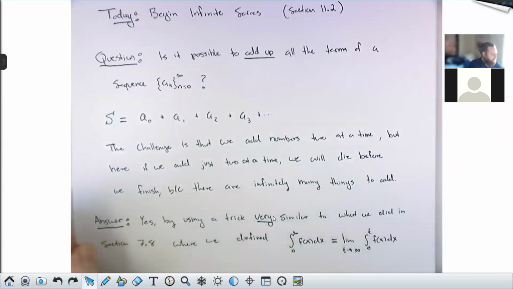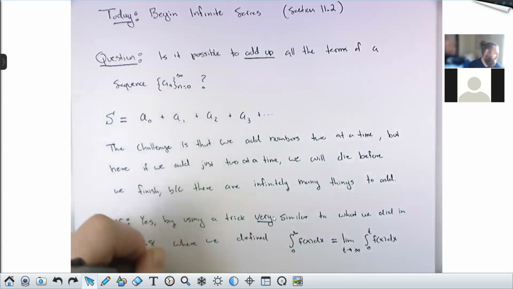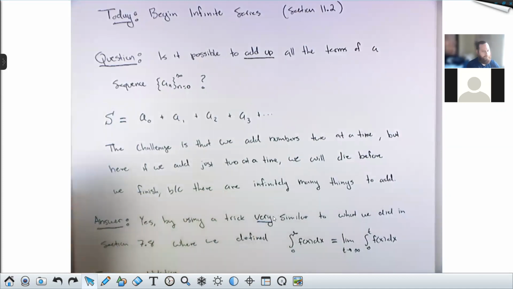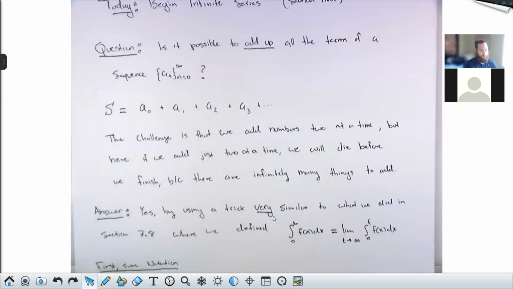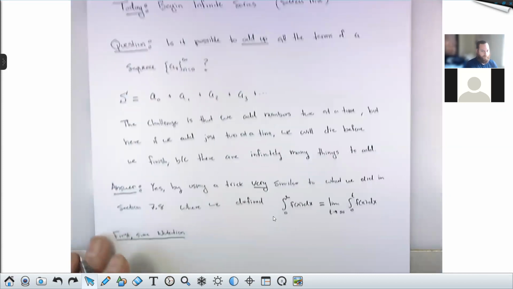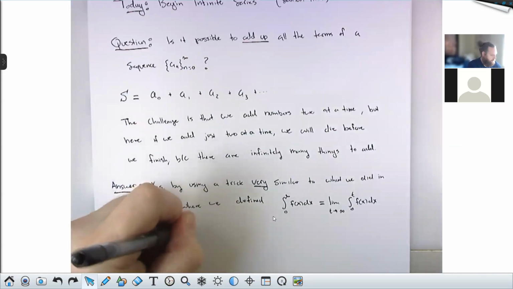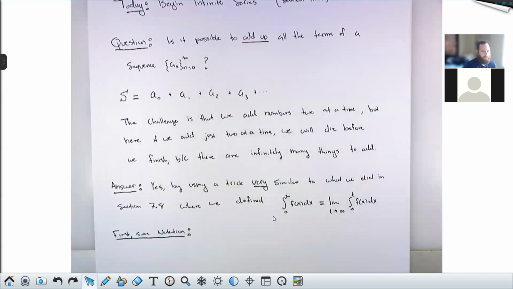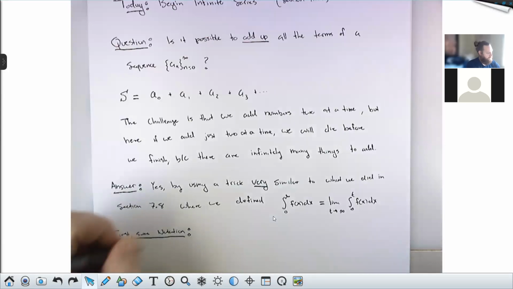So first, we need some notation. We need symbols to represent the objects we're playing with, otherwise we're going to have a hard time writing down anything meaningful. This is called sigma summation notation.